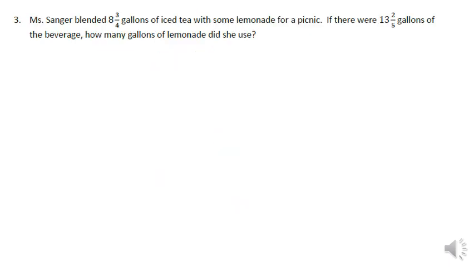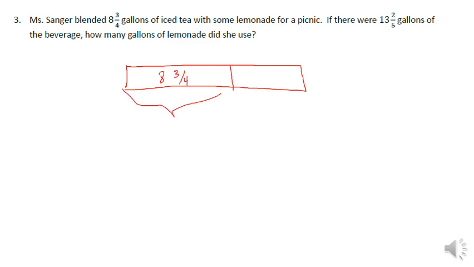Miss Sanger blended 8 3/4 gallons of iced tea with some lemonade for a picnic. If there are 13 2/5 gallons of the beverage, how many gallons of lemonade did she use? So let's start off with the tape diagram. And it says she used 8 3/4 gallons, and this here was iced tea.